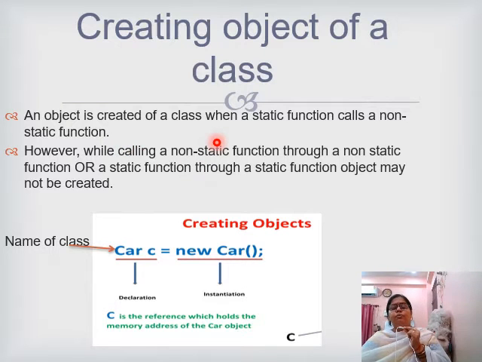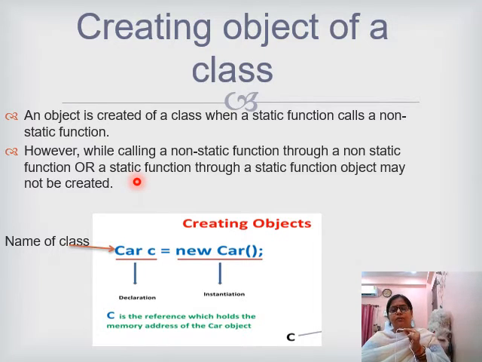We create an object of a class when a static function calls a non-static function. However, while calling a non-static function through a non-static function, or a static function through a static function, an object may not be created. If both are non-static or both are static, then it is not necessary to create an object.